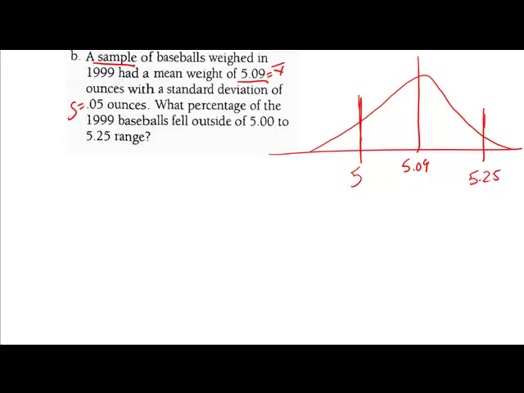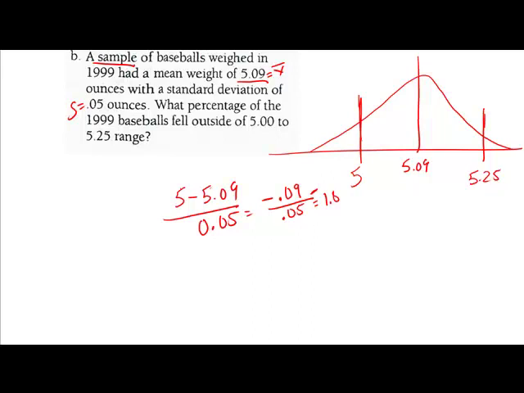So for this one, 5 minus 5.09 divided by 0.05, you get negative 0.09 divided by 0.05. That is going to give you 1.8. Oh, sorry, negative.